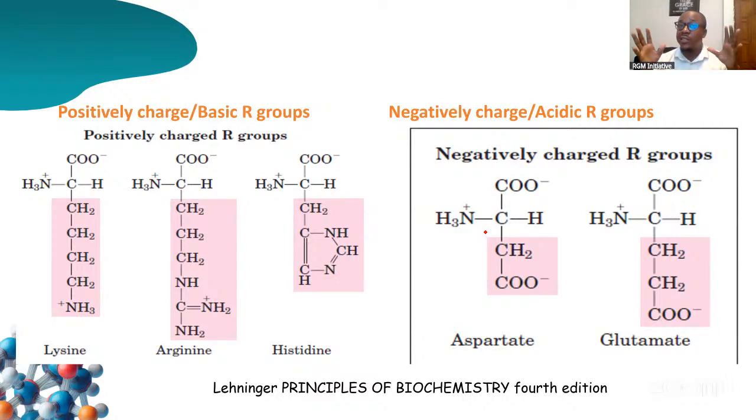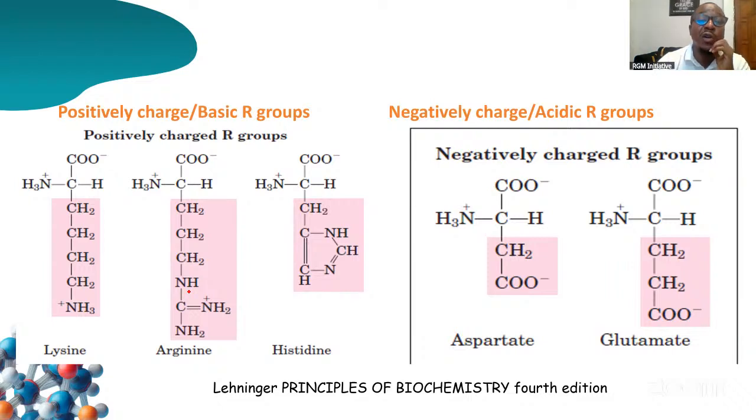These positively charged and negatively charged amino acids are all polar. They can interact with water because of their charged groups. Note that they are all polar, but these are positively charged and these are negatively charged. The only two negatively charged amino acids are aspartate and glutamate.